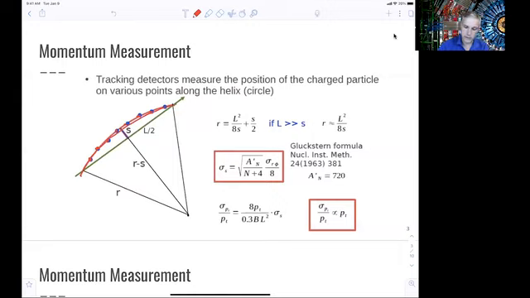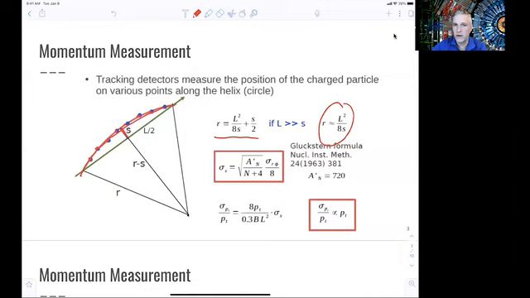So if you look at this picture here, the radius can be given as L squared over 8s plus s half. S is typically called the sagitta of the trajectory. If L is much larger than S, this simplifies to R about L squared over 8s.